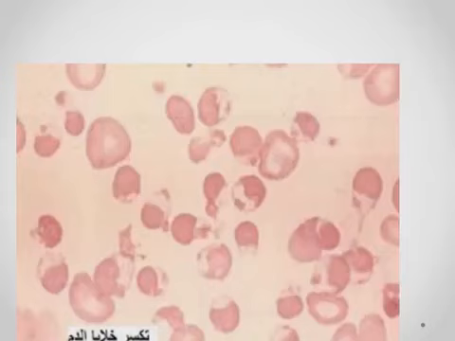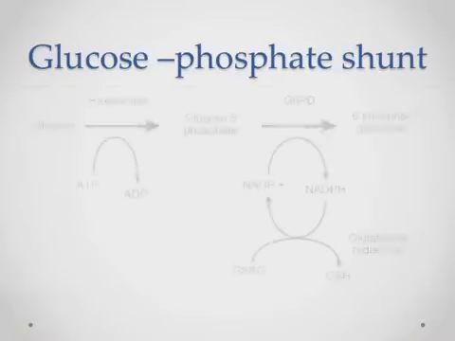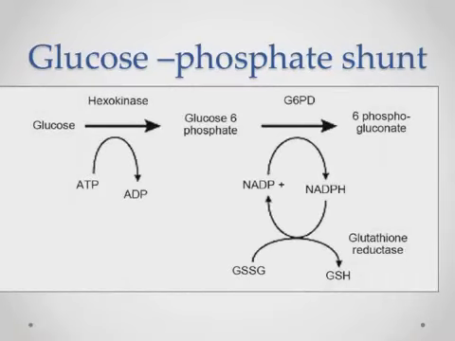This occurs in case of acute G6PD deficiency, what we call favism. Here is the shunt. In the presence of glucose 6-phosphate dehydrogenase, glucose 6-phosphate will be transferred into 6-phosphogluconate, which provides NADPH, and this NADPH is very important for glutathione reductase, a very potent antioxidant.